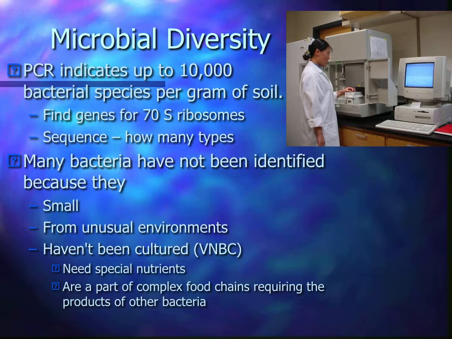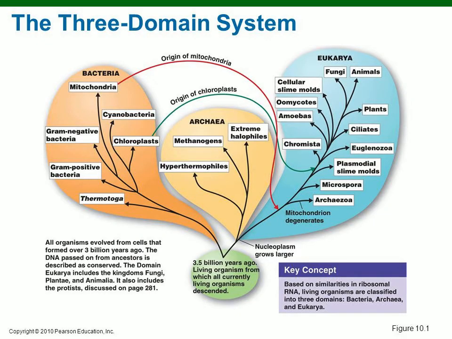But now we can use genetic methods to copy the DNA of organisms that are there, sequence it, look for genes from their ribosomes, and identify how many different types of genes were there. It turns out per gram of soil, we find about 10,000 bacteria. And if you go to a different place, the soil is different. Prokaryotes are more diverse than any other organisms, but harder to identify.